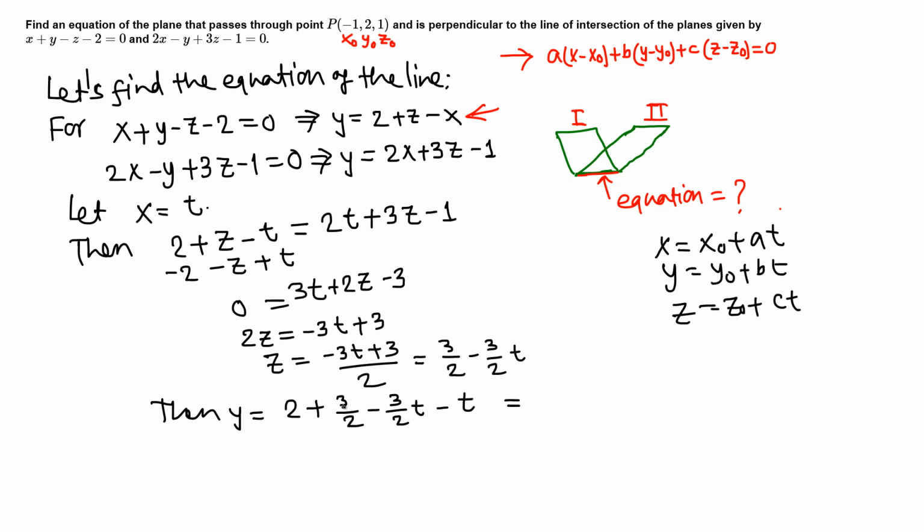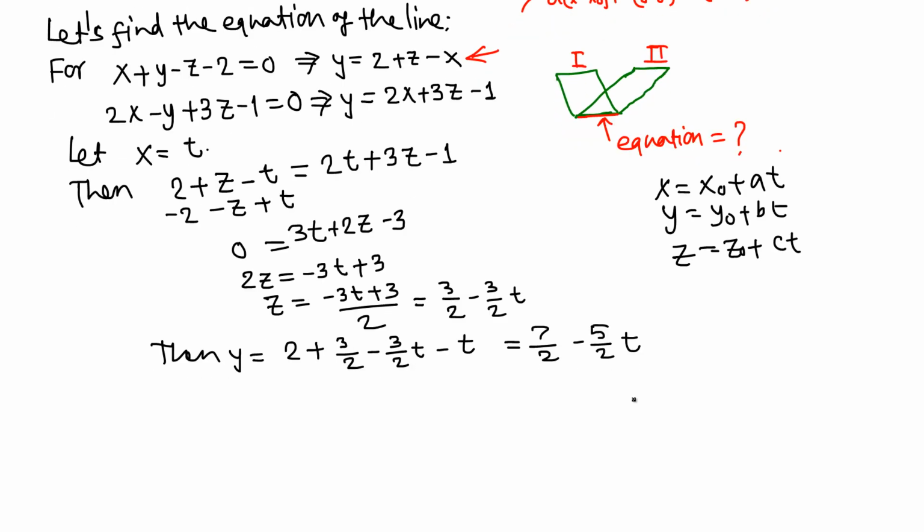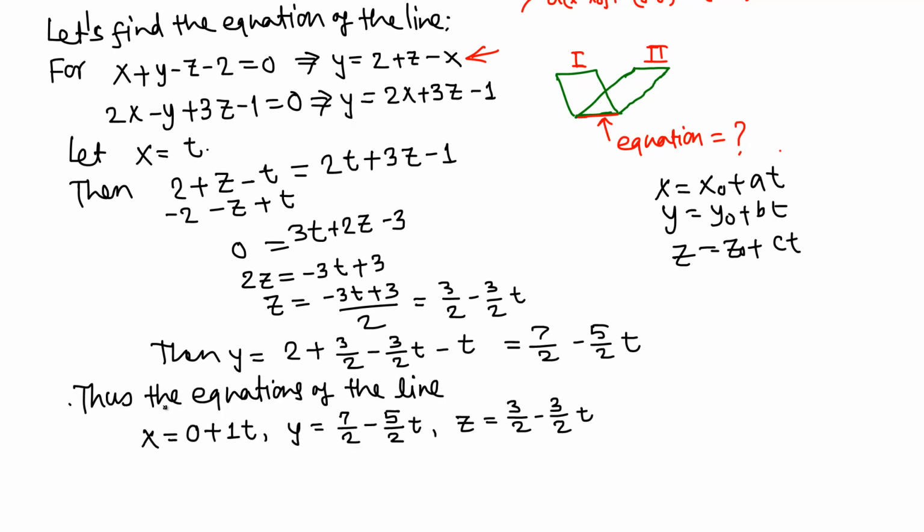When we simplify, we get 2 plus 3/2, which is 7/2, minus 3/2 t minus 1t, so negative 5/2 t. So we found a set of equations for this straight line given by the intersection of two planes. Thus the equations of the line: x equals 0 plus 1t, y equals what we found here, and z was found here.